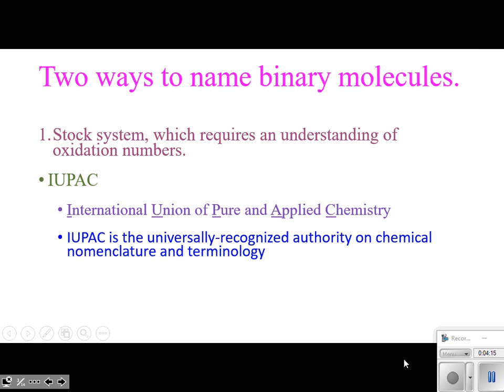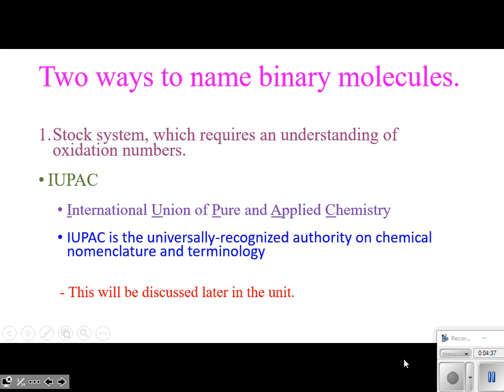Okay? So basically, the IUPAC is the authority on naming chemicals and nomenclature.